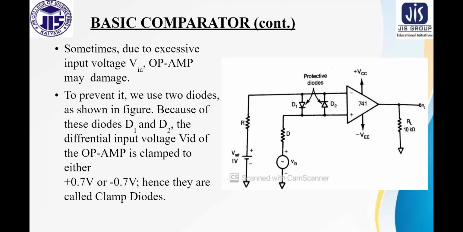That we will study in our fifth or sixth semester mainly, but the application is the same. Those also act as protective diodes. So here these two diodes are connected to protect the op-amp from the excessive input voltage.